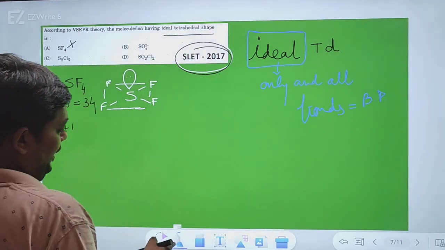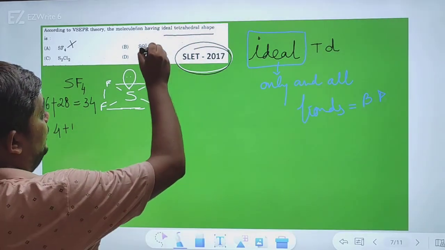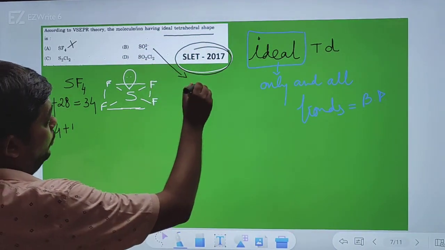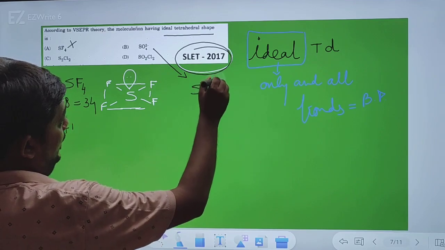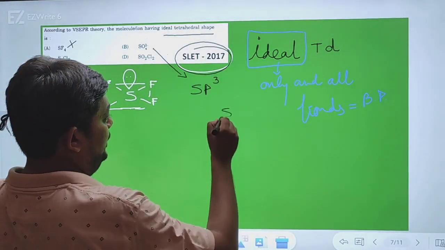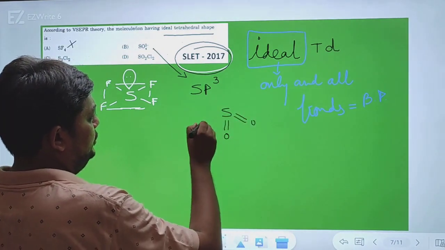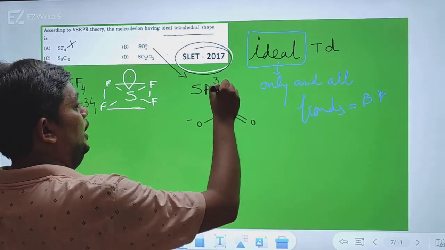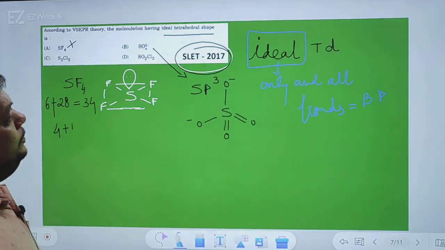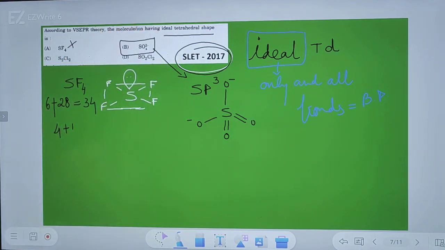Coming to SO4 2-, just now we have solved it in one of the previous questions, that SO4 2- is an sp3 geometry, and fundamentally speaking it looks like a tetrahedral in shape also. So let us keep a close eye on this.